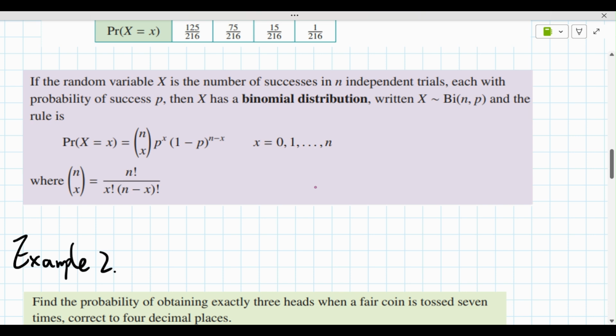So that's pretty understandable. First things first, in the binomial distribution, n represents the number of independent trials, how many trials we have, and p represents the probability of success, and 1 minus p represents the probability of not having a success.